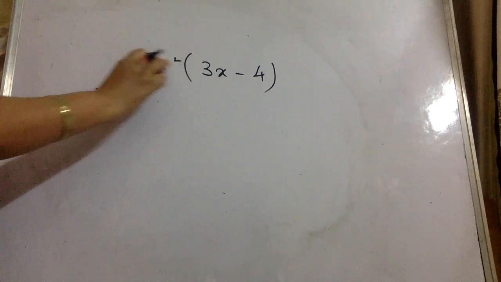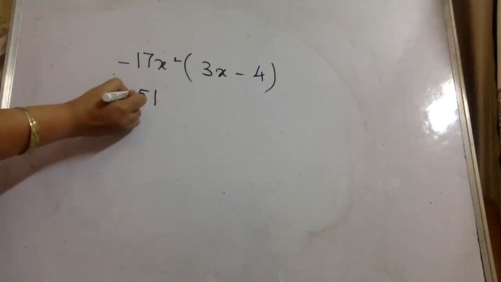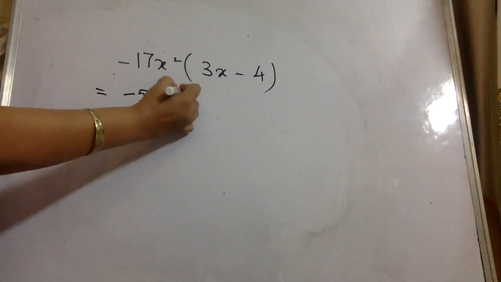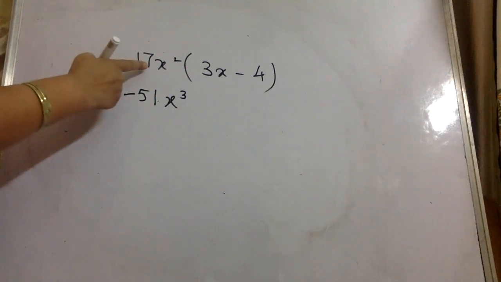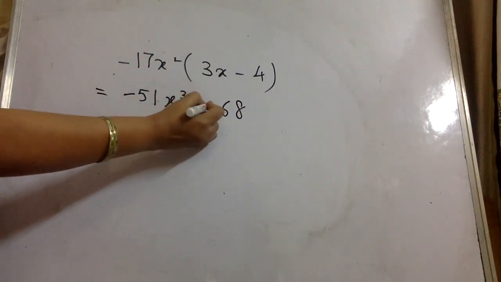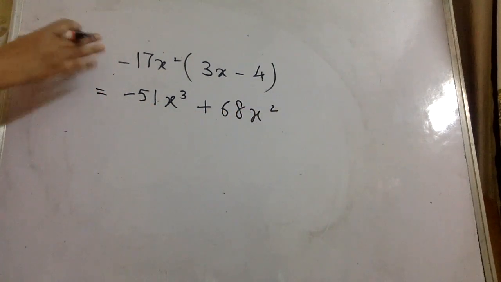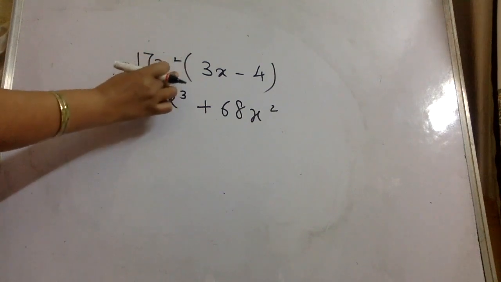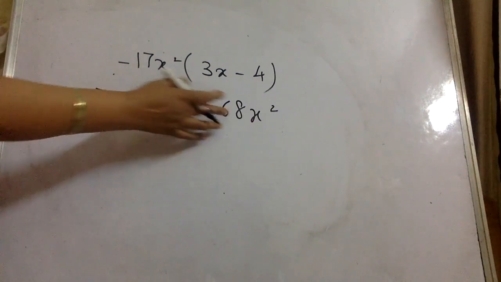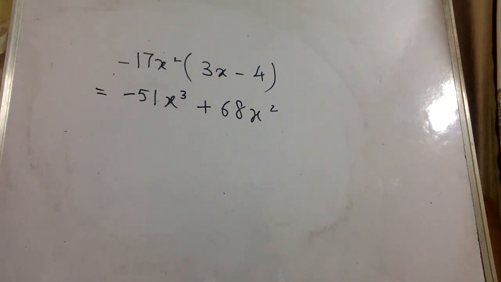This minus and a plus here makes it minus. 17 threes are 51, so minus 51, and x square with an x, add up the powers, x cube. Here 17 with the 4 is a 68, minus with the minus gives you a plus 68x square. So this is nothing but an algebraic multiplication, but we are doing it with this first and then with this and writing the answer. And as I said, these are unlike terms now, so you can't add any further.